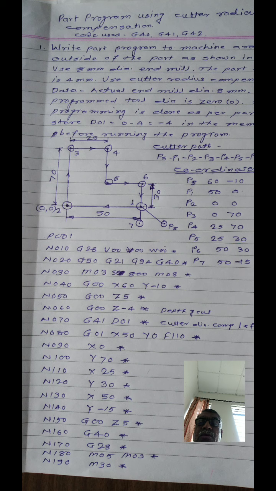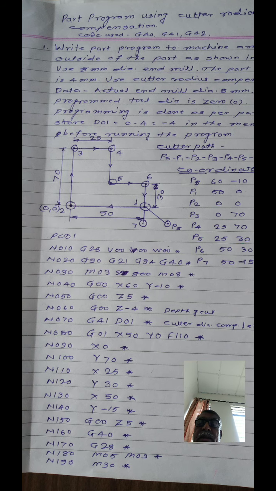As the tool is in air, you can give the depth of cut with the code G00 rapid traverse. If the tool is on the workpiece surface, as in case of a drilling operation, you have to use the code G01 because there is contact between the tool and workpiece surface. That is the difference between these two, G00 and G01, when giving the depth of cut.